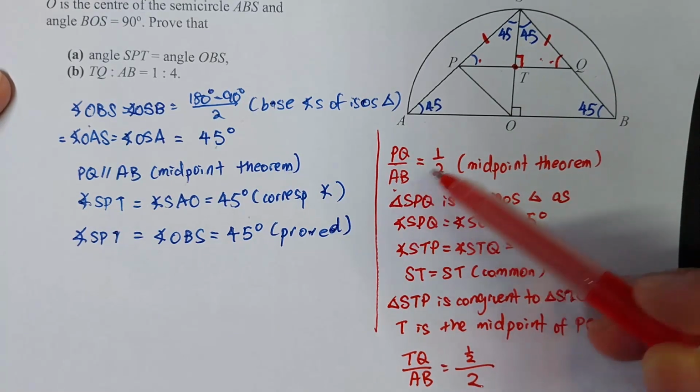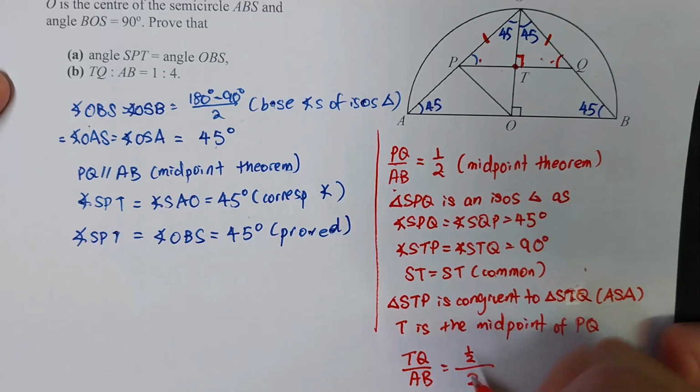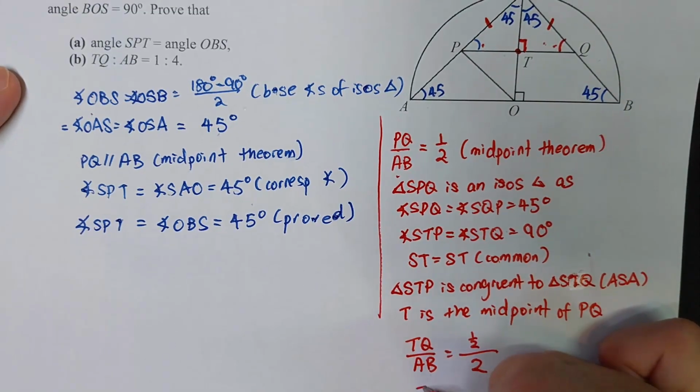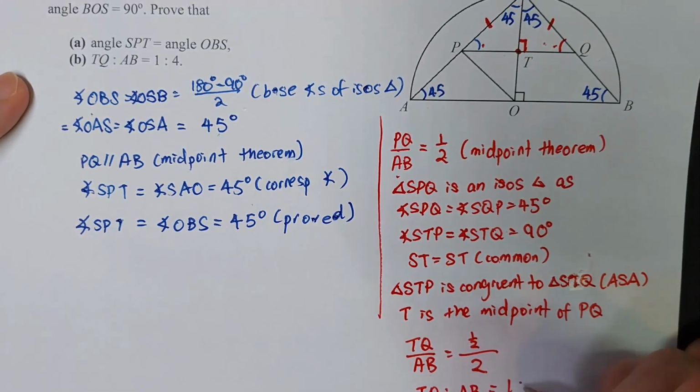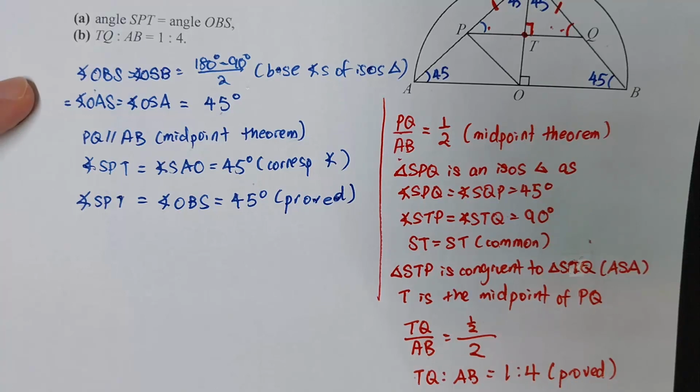If PQ over AB is 1 over 2, TQ over AB must be half over 2, and that will give us 1 over 4, and hence TQ is to AB equals 1 is to 4. Now you may use other methods to prove this. Okay, this is but one of many other methods.